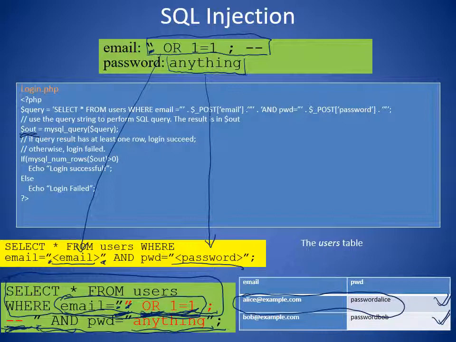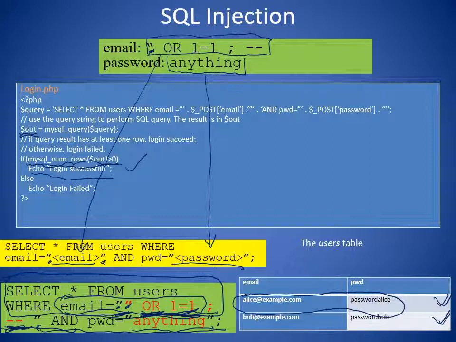records. So when the next logic is executed, which returns the number of rows, in this case it's going to return 2 instead of 0. And since the SQL number of rows is 2, which is greater than 0, it will print out the message saying login successful.